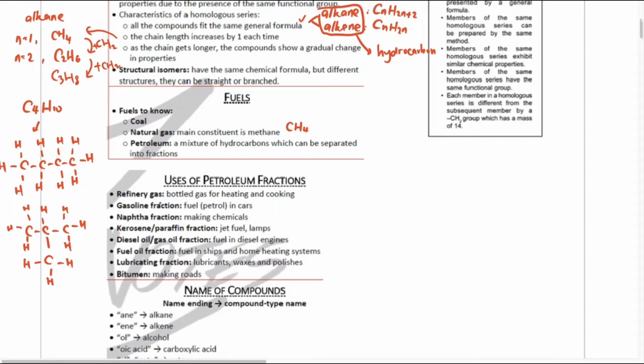The first one is refinery gas, bottle gas for heating and cooking. Gasoline fractions, petrol in cars. Naphtha fractions, making chemicals. Kerosene or paraffin fractions, jet fuel, lamps.